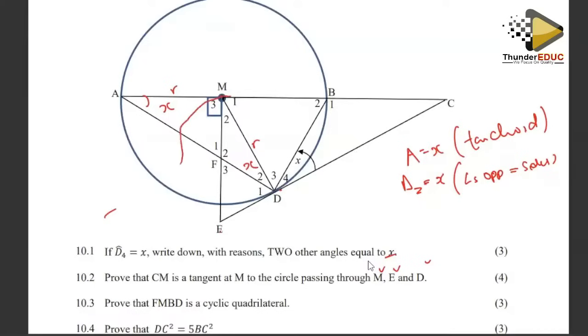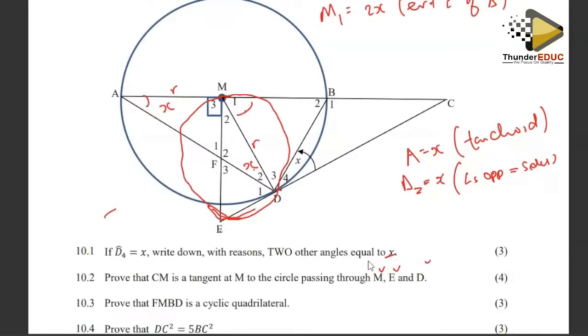So for us to prove that something is a tangent, it's always the tan chord that must play the role. Okay, that is just one. Two, even the perpendicular can also help us in deciding that. So what we can start with is that if this is X, meaning that M1 is going to be twice X, exterior angle of a triangle.